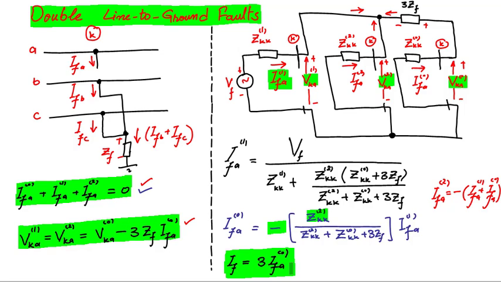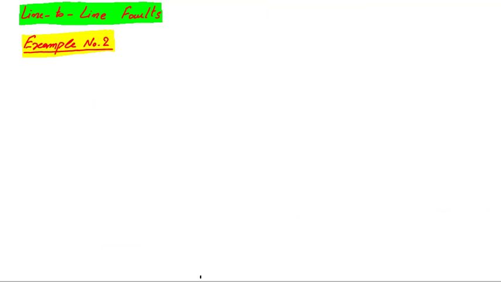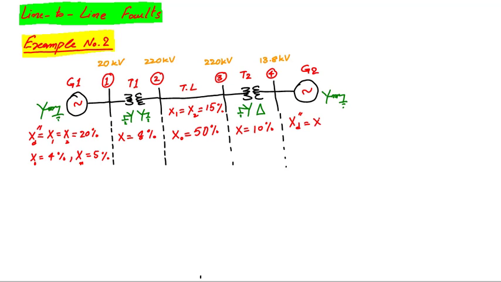Now we will solve an example related to double line to ground fault. Example number 2. Single line diagram of the system is given over here. This is the same system that we had used for the analysis of single line to ground fault, but this time, to add complexity to the problem, the power ratings of different components are different from 100 MVA and different from each other as well.